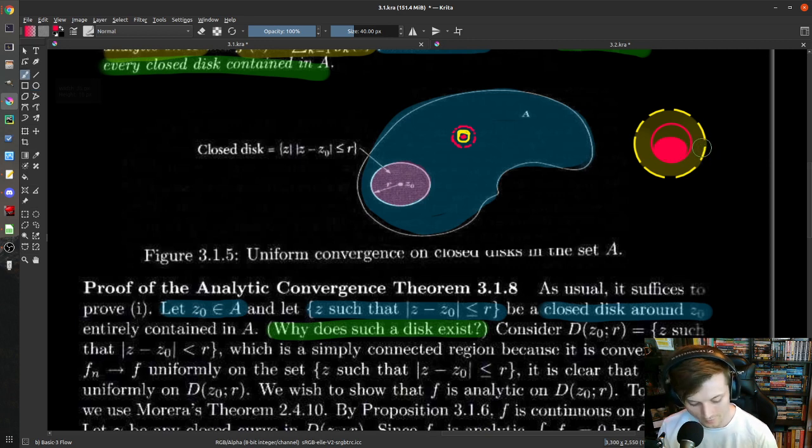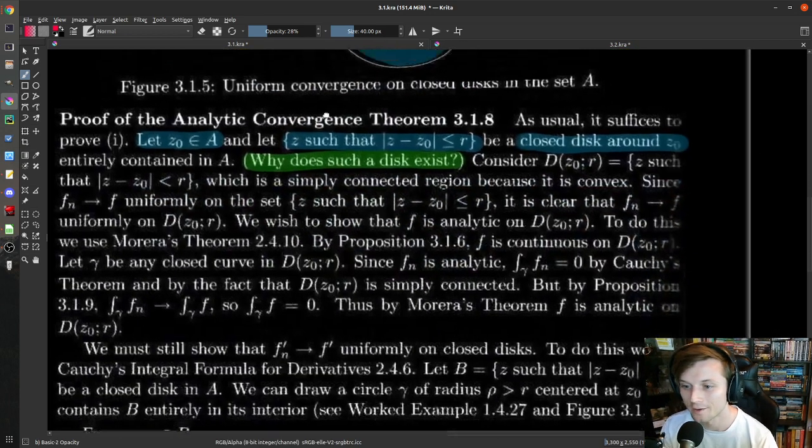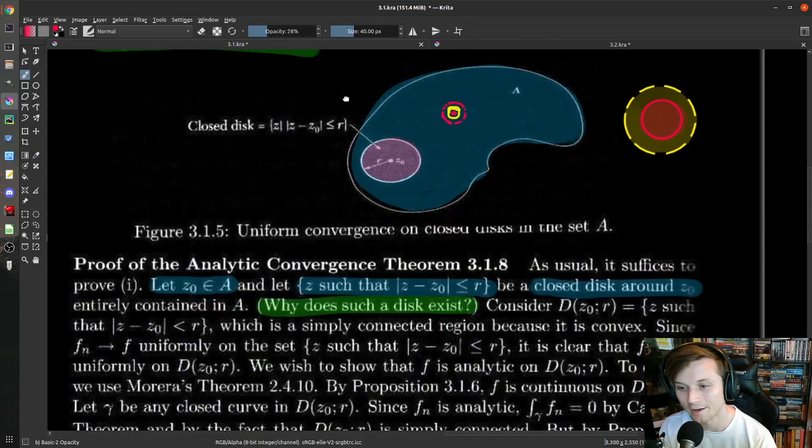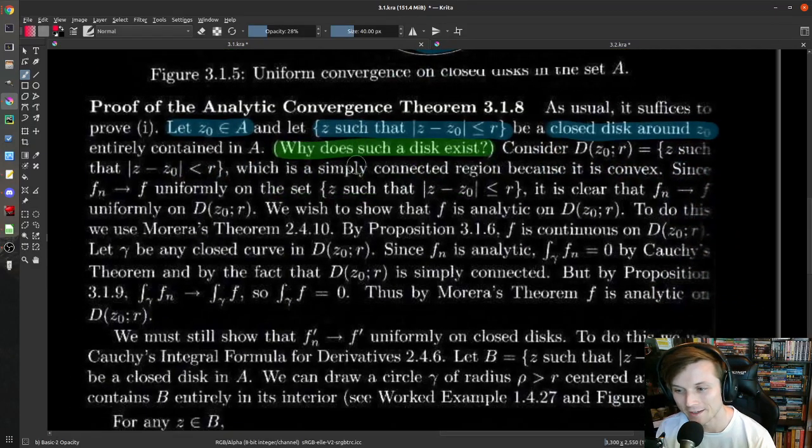Oops, I made another mistake. See what I'm saying? You can always get a little solid circle inside of a circle that doesn't have the edges. Okay, whatever. Sorry, that was a terrible drawing. I had a lot of difficulty with that.